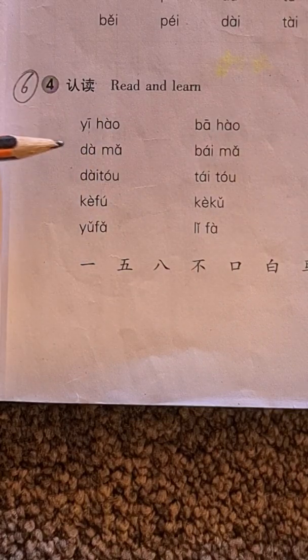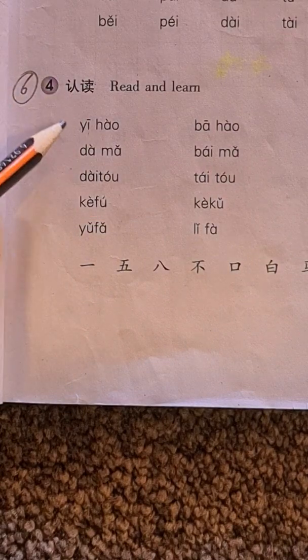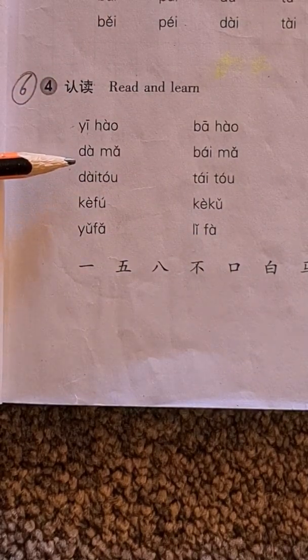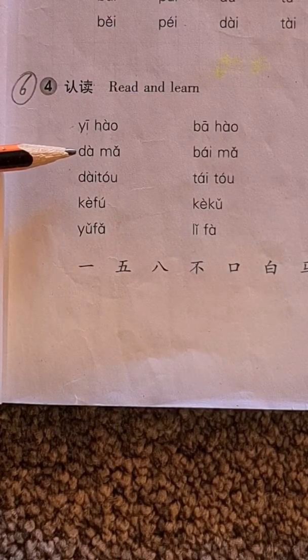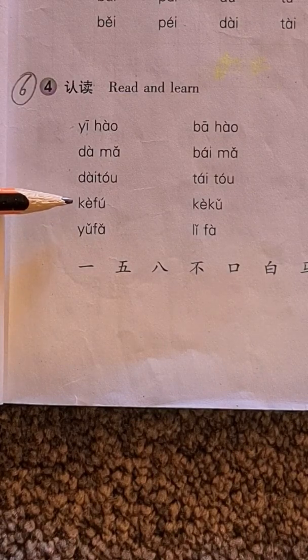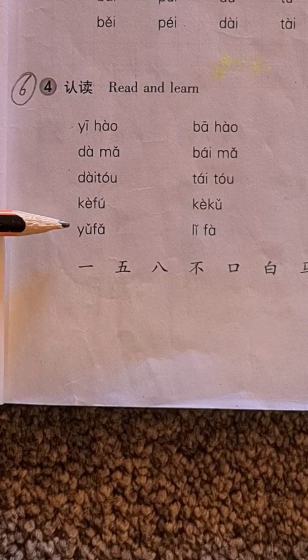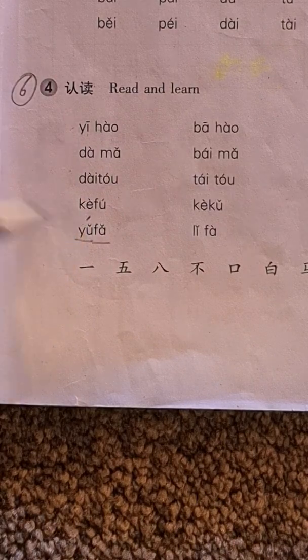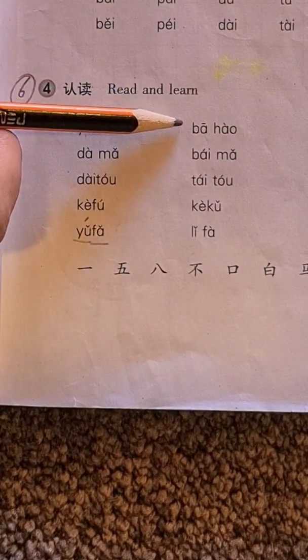Okay, so let's practice them. 一号, first, fourth, 一号. 大马, fourth and third, 大马. 带头, fourth and second. 克服, fourth and second. Here, 语法, remember the grammar here.